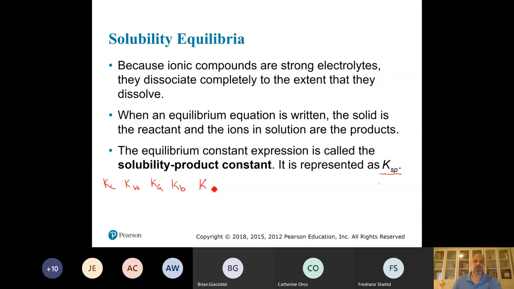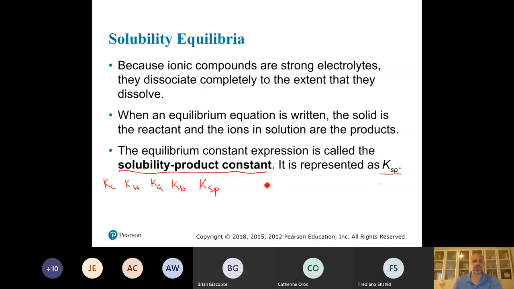Now we're talking about KSP, and that's the solubility product constant. It's just another equilibrium, and we're going to think of these as just normal equilibria that are applied in special cases.